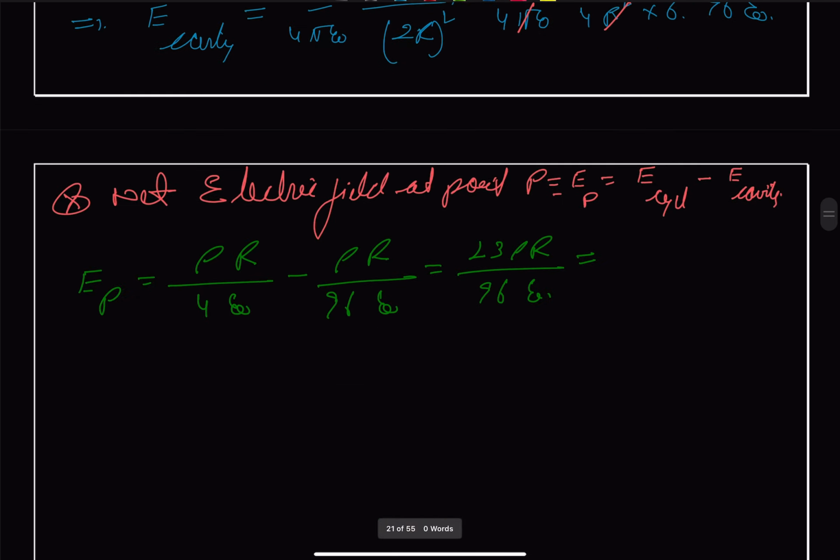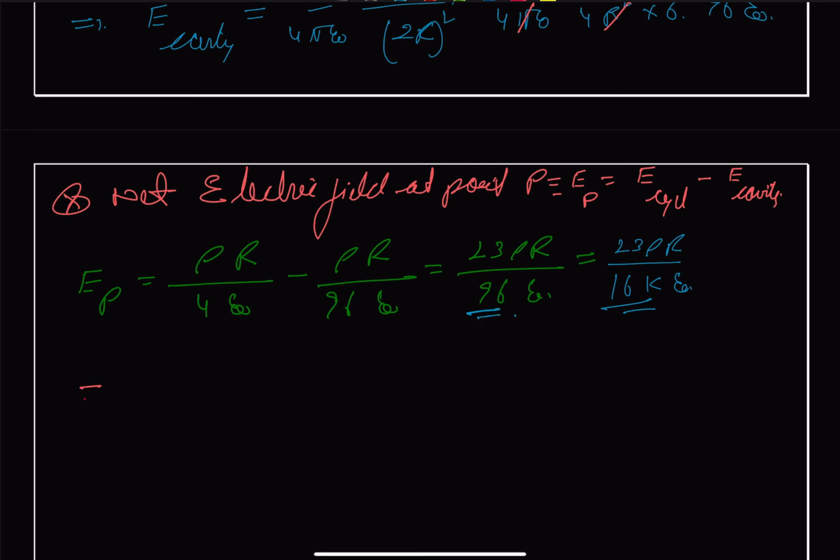The rest of the things are the same, the only difference is the denominator. So this is 23 rho r upon 16k epsilon naught. So we can say our 16k is equal to 96.